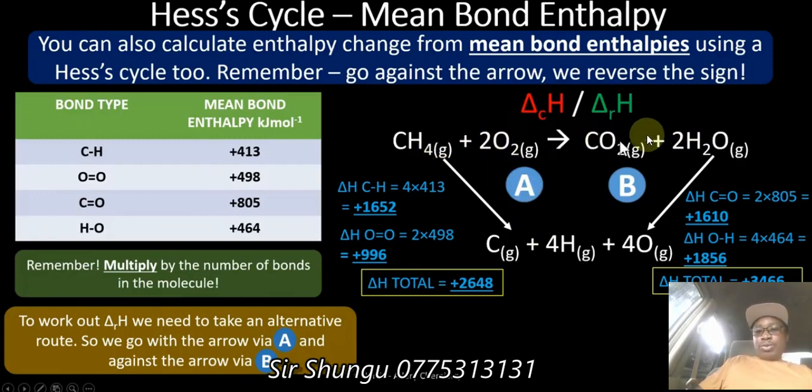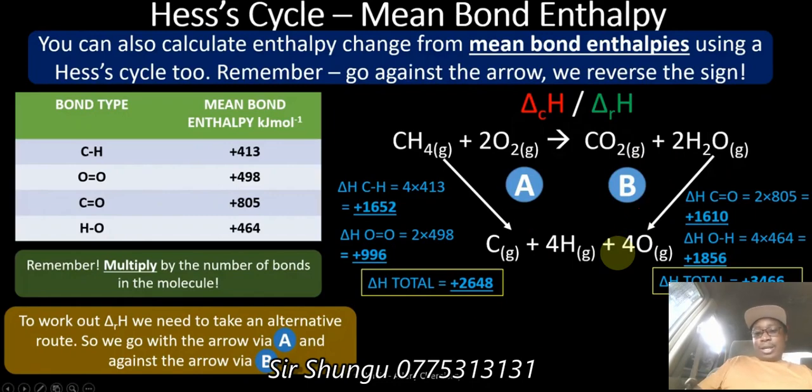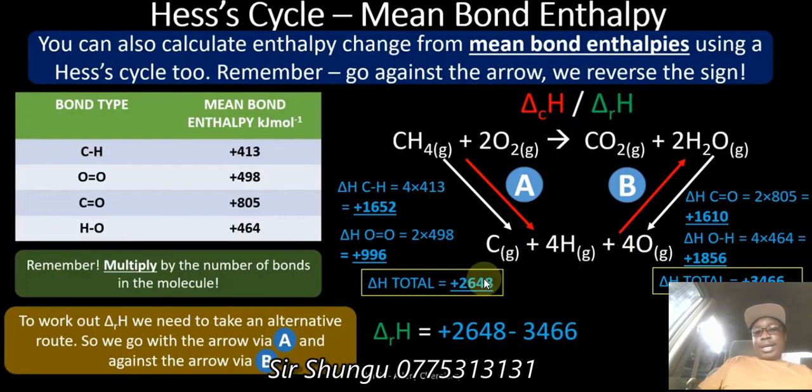So we can get to these products via route A and route B, but we have to say negative B. We have to put an arrow that's going in the opposite direction for B. So we have to change the sign there. So it becomes what? Plus 2648 here minus this, we have changed our sign there. It was a plus, it becomes a minus, minus 3466, and we have our negative 818 kilojoules per mole.